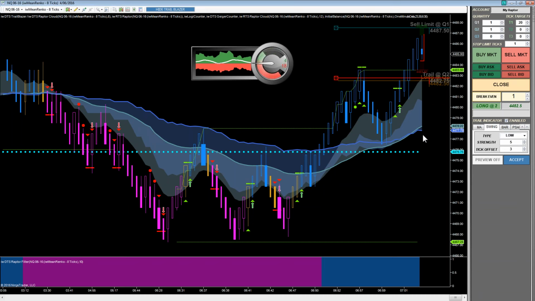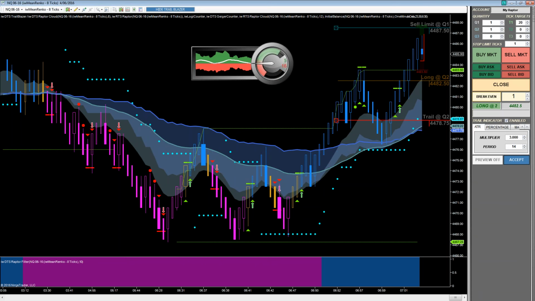We've since hit our break-even trigger, so my stops have come down from the lows to break-even. With a little bit of luck, we'll continue to hit our first high probability profit target. And after which, you know what? Maybe I'll go to something more aggressive now. Why don't we go to an ATR stop, and we'll change it to 3, just to give it a little bit of room. I can also force the trade manually to break even by hitting the break even button.